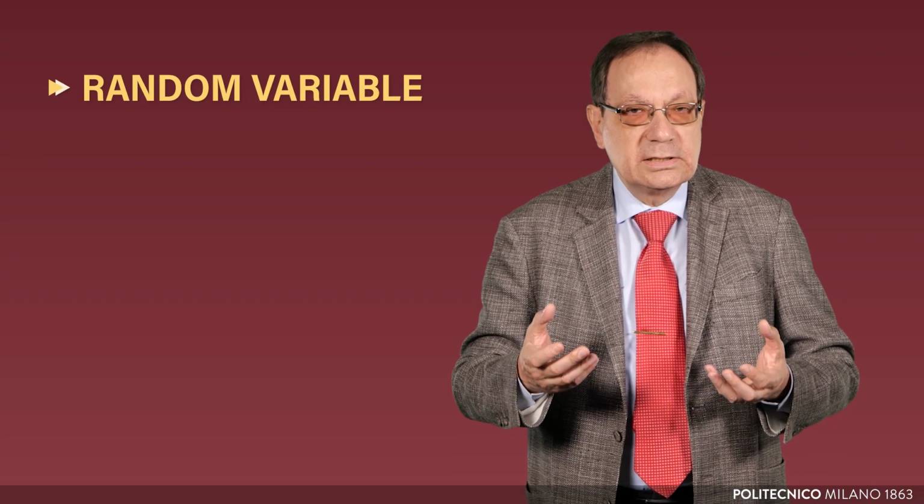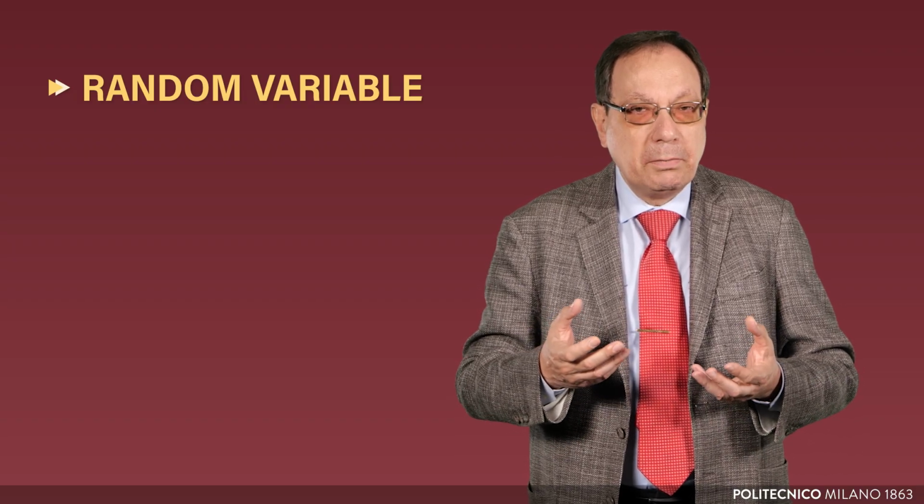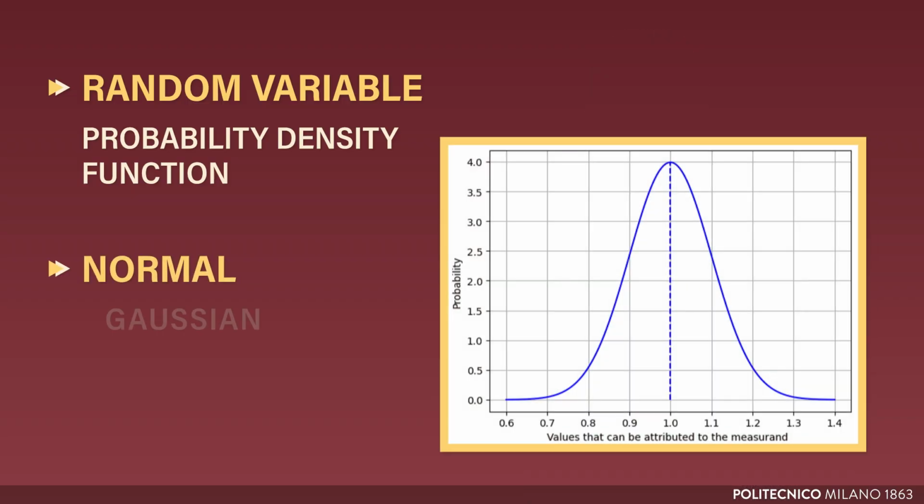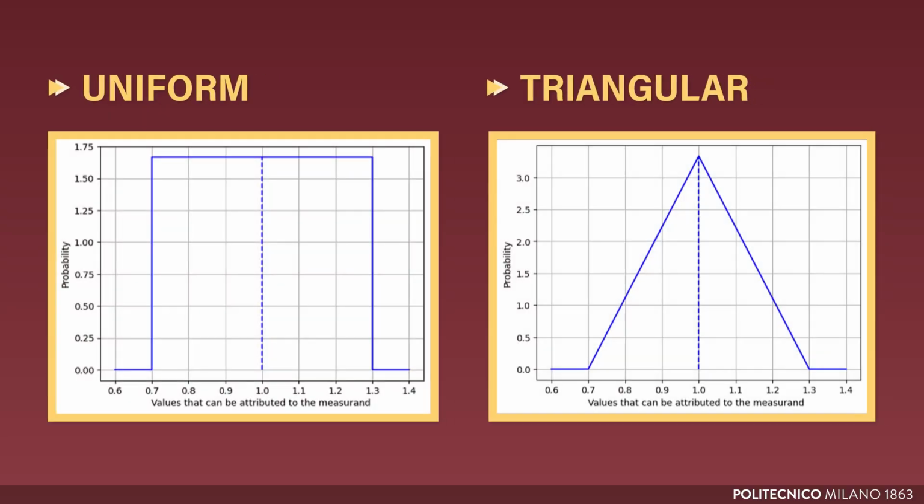This, in turn, is mathematically represented by a probability density function, which can be a normal function, also known as Gaussian. Is it the only possible function? No, because depending on how the random effects come into play, the distribution of values that could be attributed to the measurand can be represented by different probability density functions, such as the uniform or the triangular ones. We will later see how to determine which one to use.